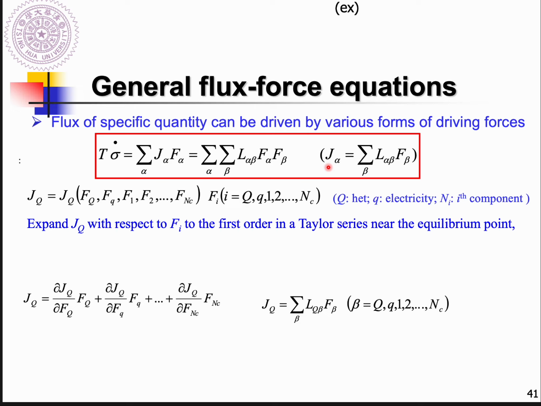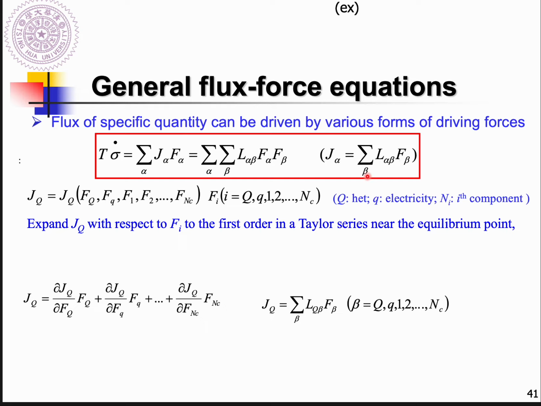The intensity of the flux J alpha can have a linear approximation with the driving force applied on the system. So we get a summation of L alpha beta times F beta.